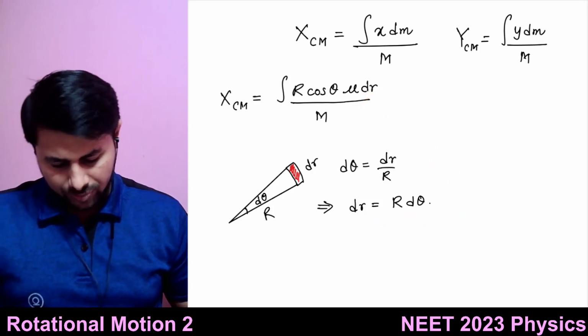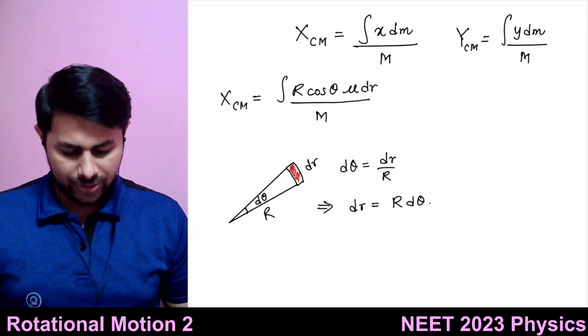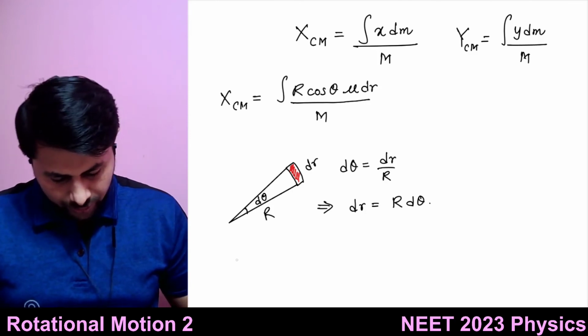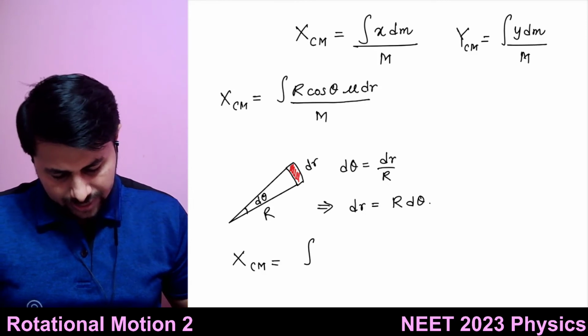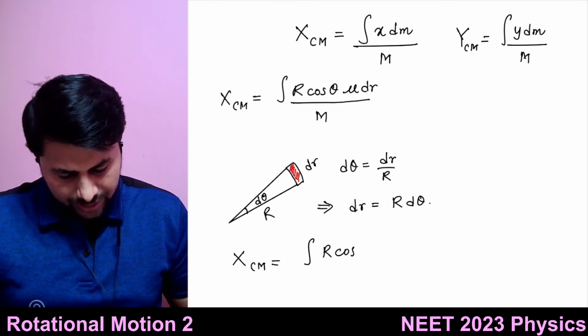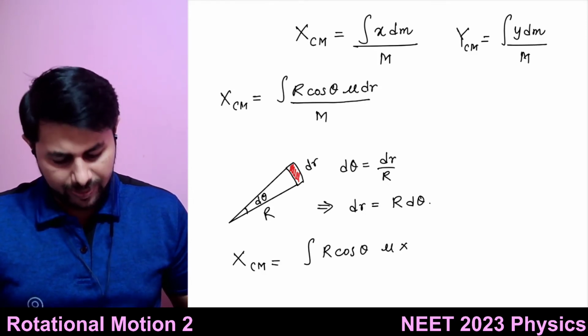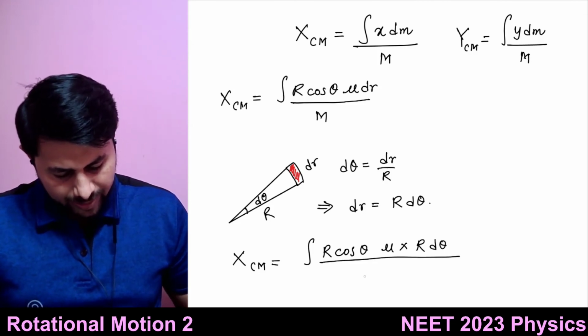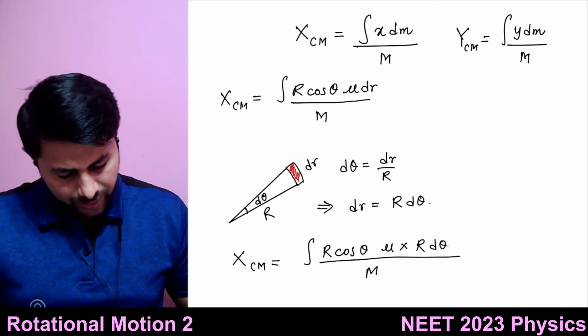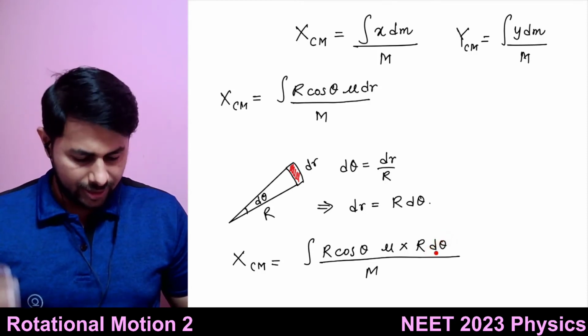Now mu is constant, so we can move it outside. The x coordinate of the center of mass is the integral of r cos theta times mu multiplied by dr, which is r d theta, divided by m. Now we have only one variable, theta.